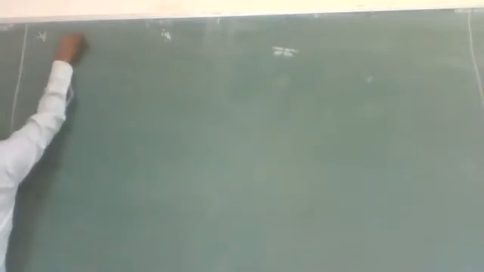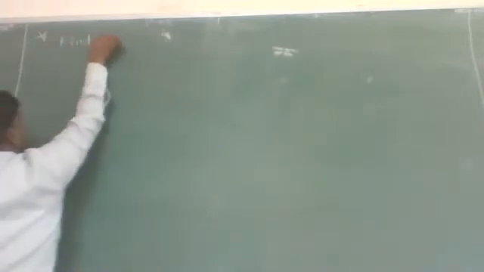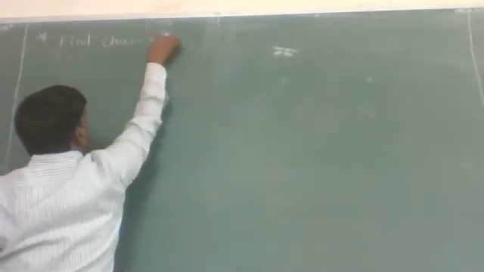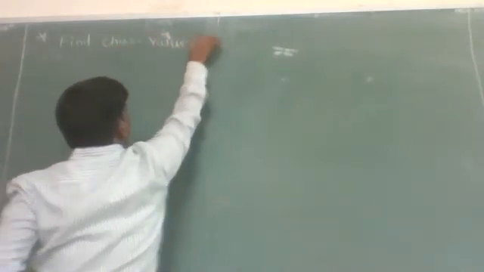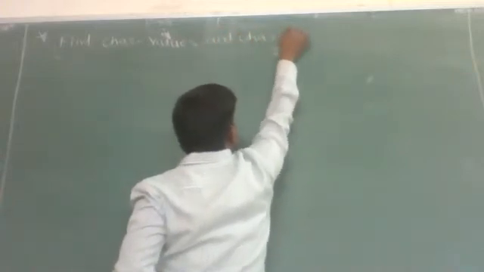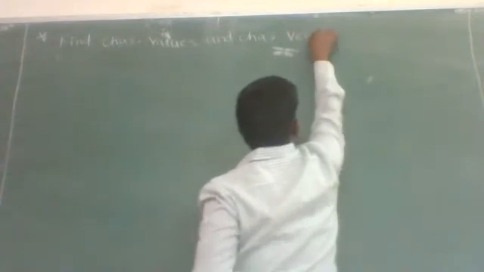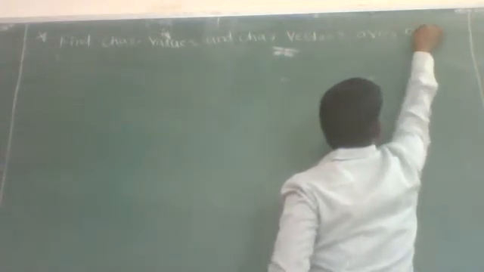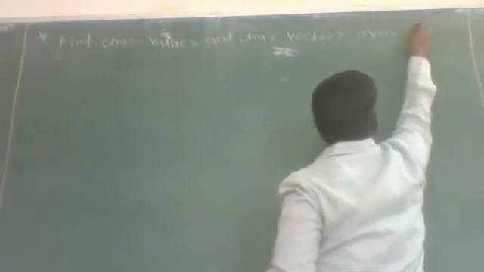Let us see some examples depending on the characteristic values and characteristic vectors. Find characteristic values and characteristic vectors over C. Okay.